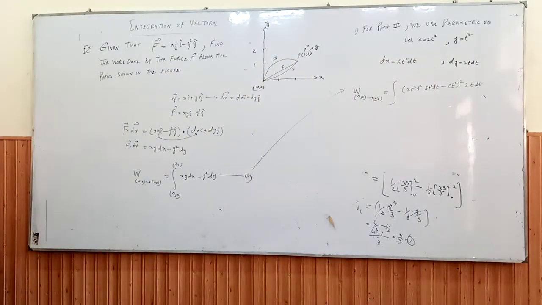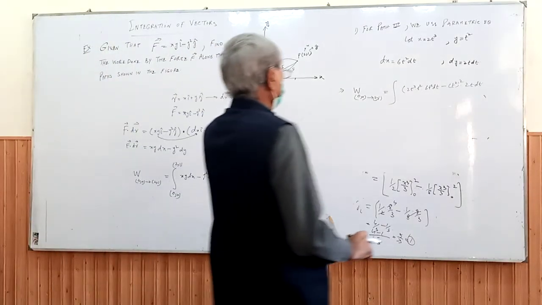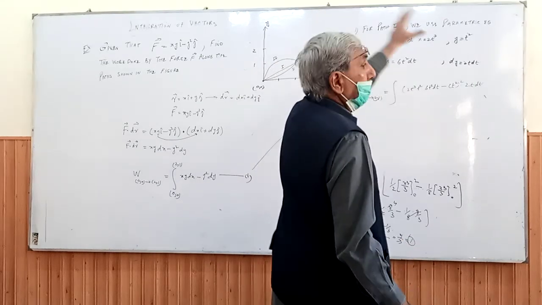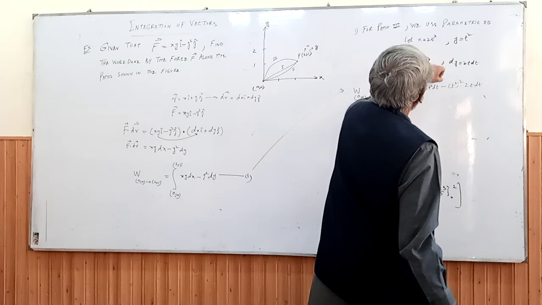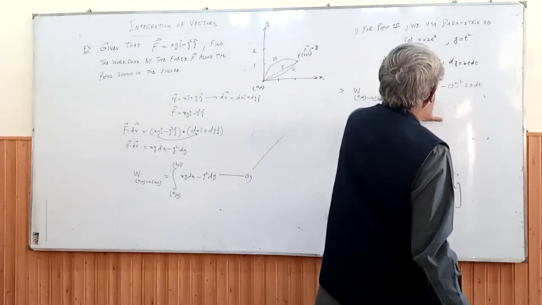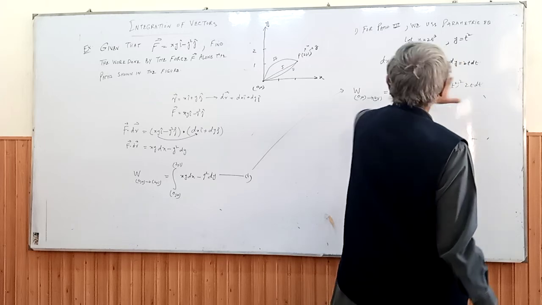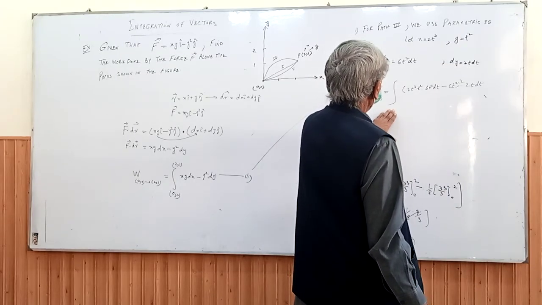Now there is a little bit of complication in that. This is not that complicated. By the parametric equation we have converted everything, x and y, into t. You see, t is there, t is there, t is there, t is there. Hence, the limit also should be in terms of t.